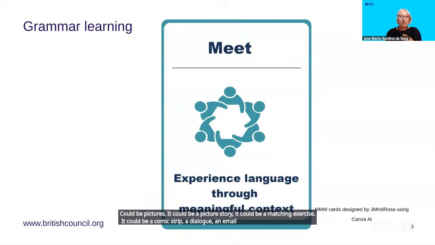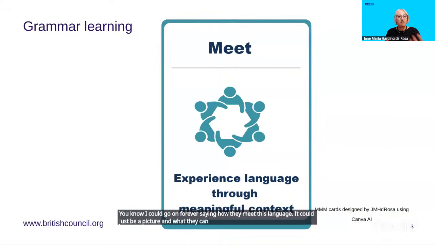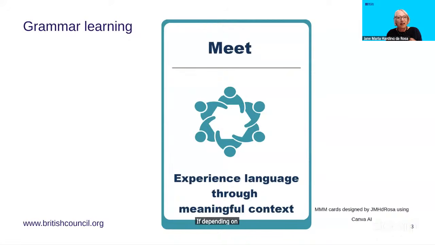I could go on forever saying how they meet this language. It could just be a picture and what they can see, and what's happening, what do you think happened, what has happened. But they're meeting that language somehow through a context like this.